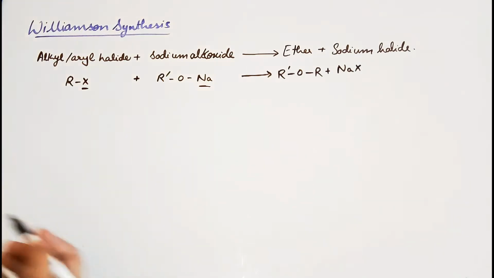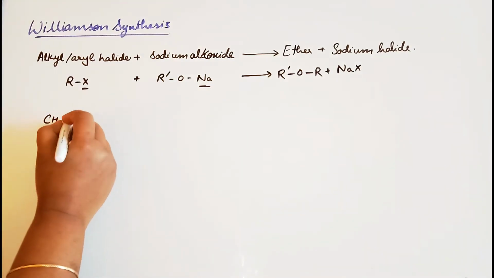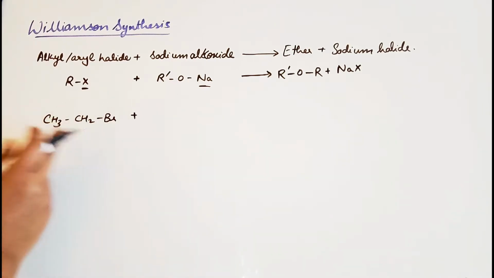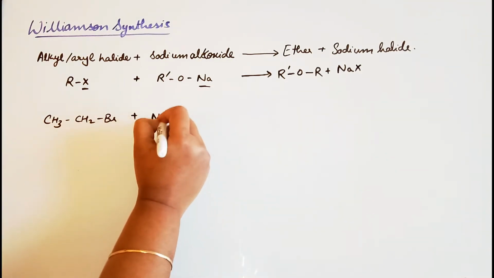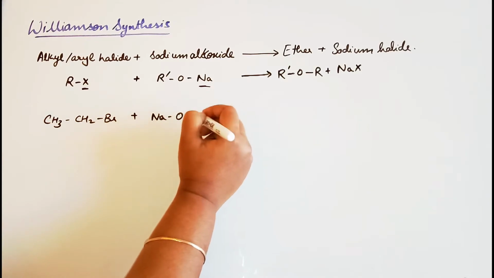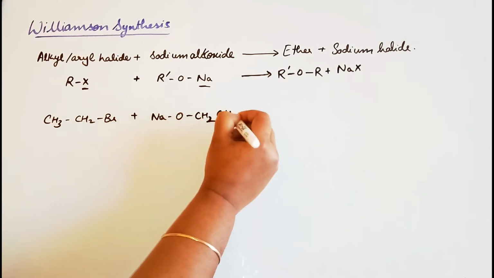So let's do an example. For example, we have CH3CH2Br, which is basically bromoethane, reacting with sodium ethoxide.